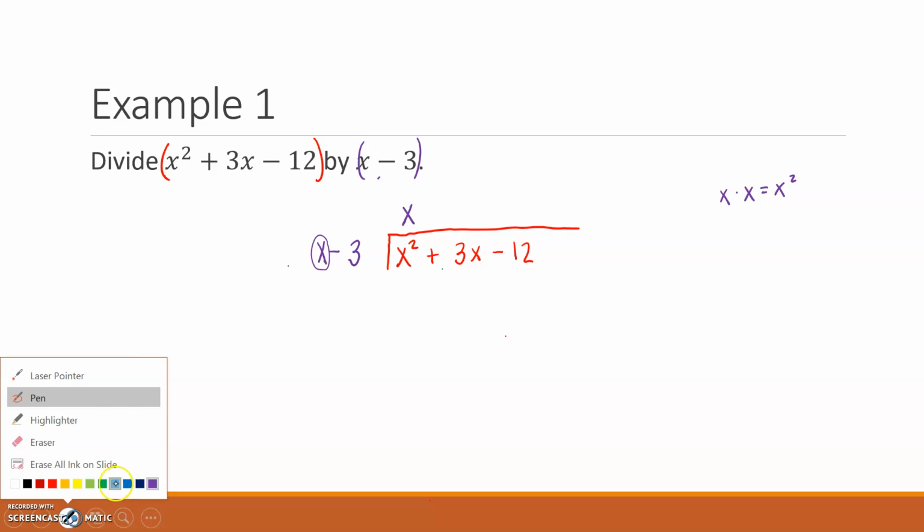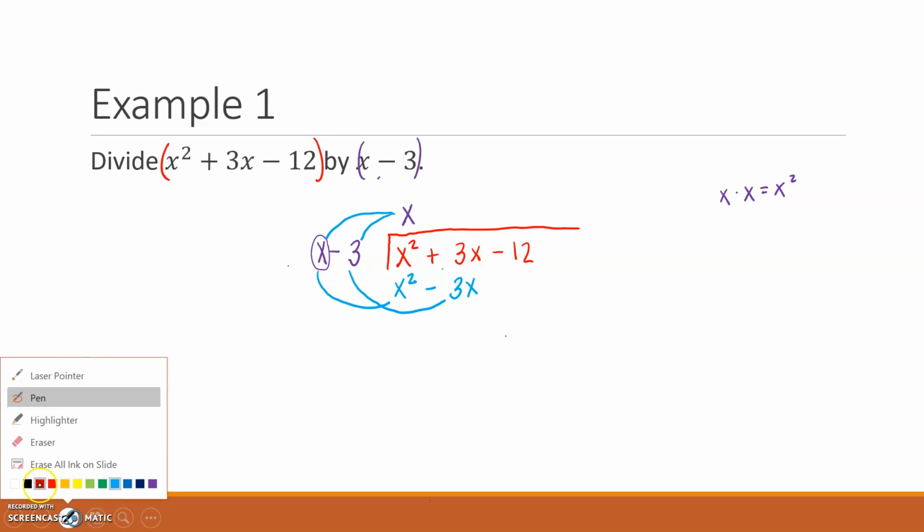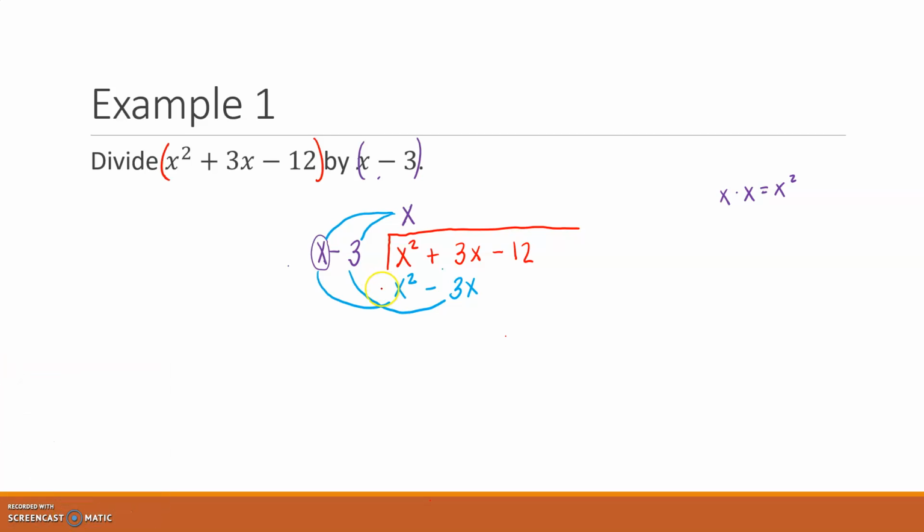Now what I'm going to do is multiply this x by both of these terms and write them down here. So x times x is x squared. X times -3 is -3x. Okay, so I multiplied both of these. But when we do long division, you may remember that we have to change the sign.